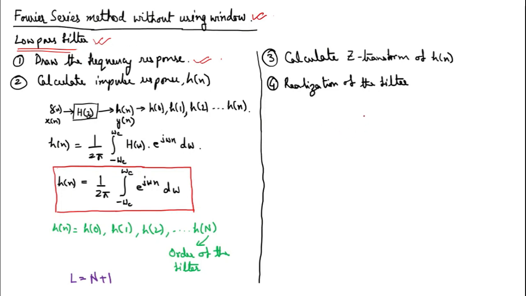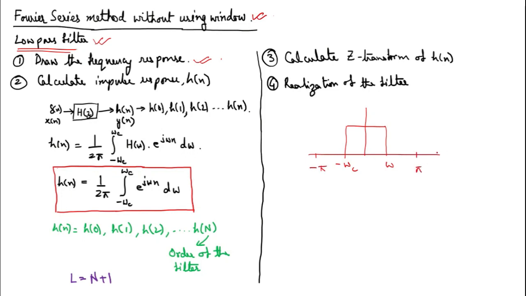Just now we have seen the frequency characteristics of a low pass digital filter, it would be given by minus omega c to omega c, and somewhere we will be having minus pi to pi.